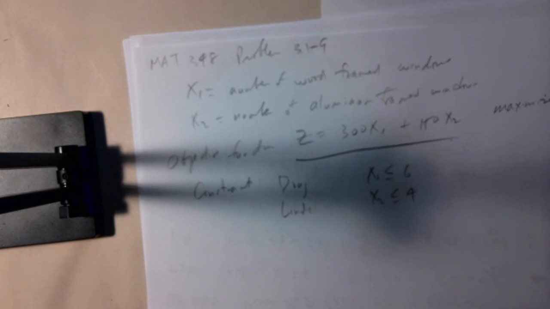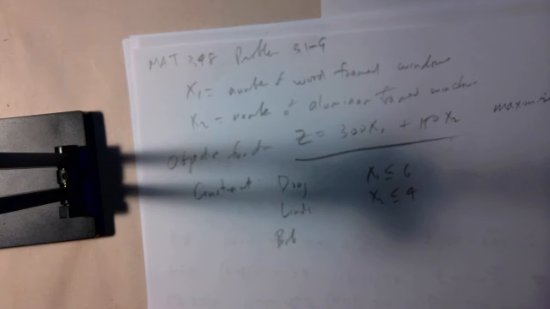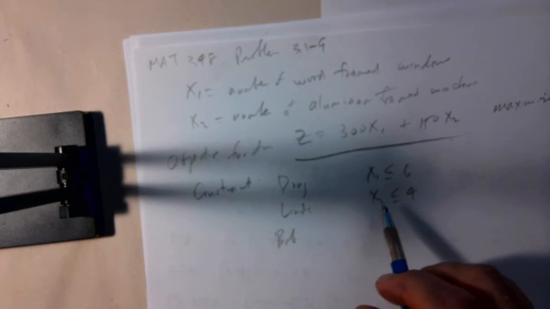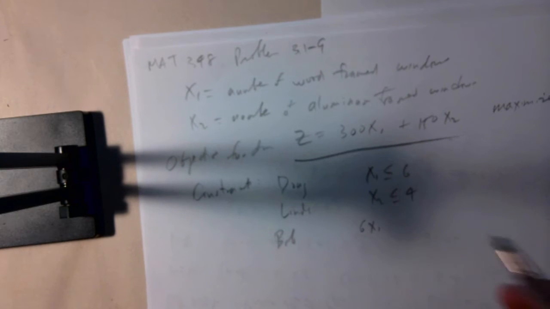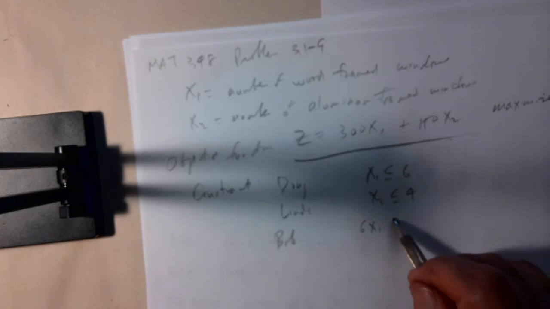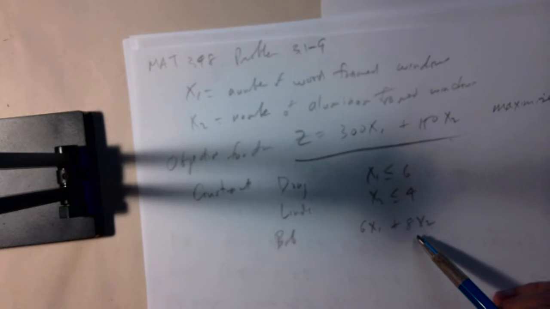And Bob cuts the glass, and for every wood frame window, he needs 6 square feet of glass. So if you make X1 wood frame windows, it's going to need 6X1 square feet of glass. An aluminum window uses 8 square feet. So if you make X2 aluminum windows, that's going to take 8X2 square feet of glass.